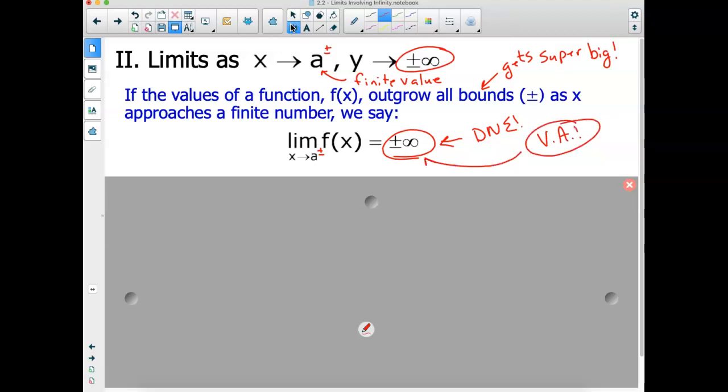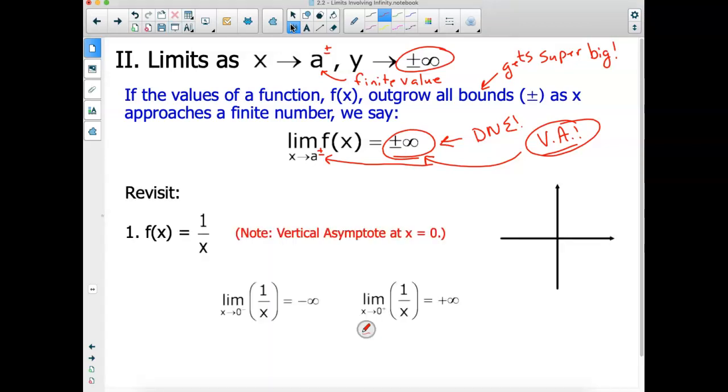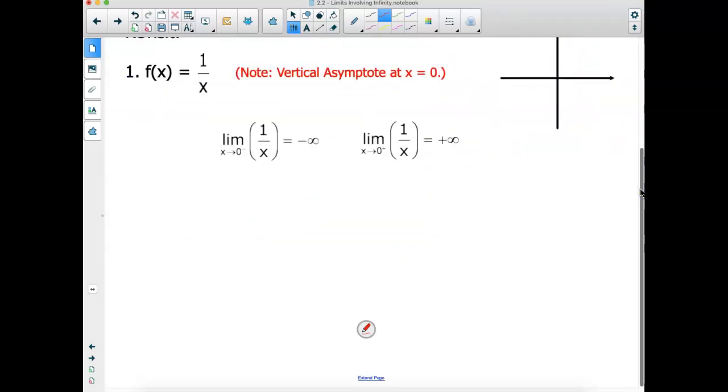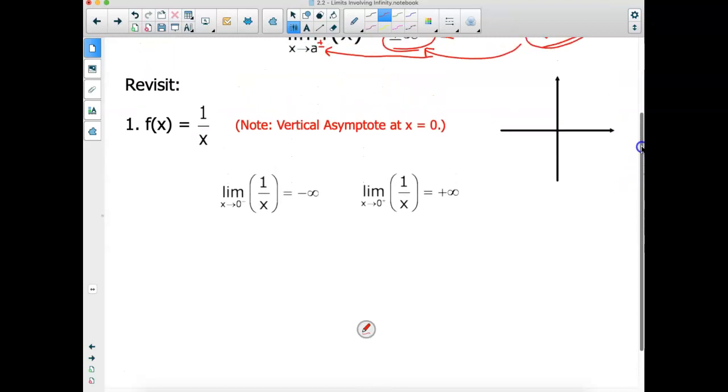This notation right here, if my graph is going to infinity as I approach a particular finite value, describes vertical asymptotic behavior, okay? Let me get rid of this. Let's revisit the one that we looked at yesterday, f of x equals 1 over x.